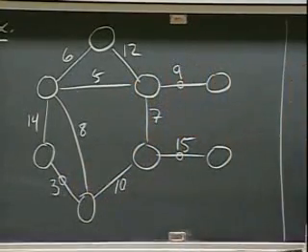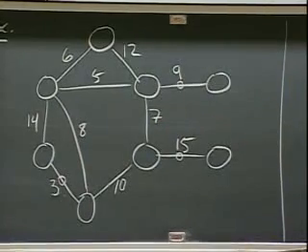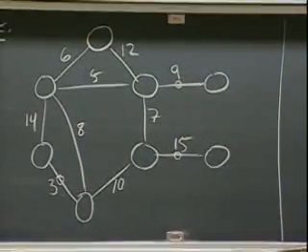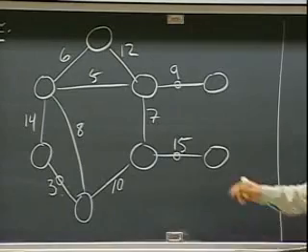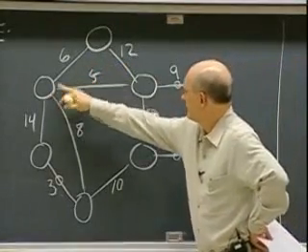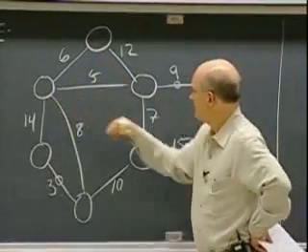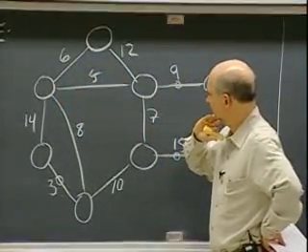What other edges have to be in there? Let's do a little puzzle logic. 6 and 5. 6 and 5 have to be in there. Why do they have to be in there? The top node has to be connected to the node to the right.